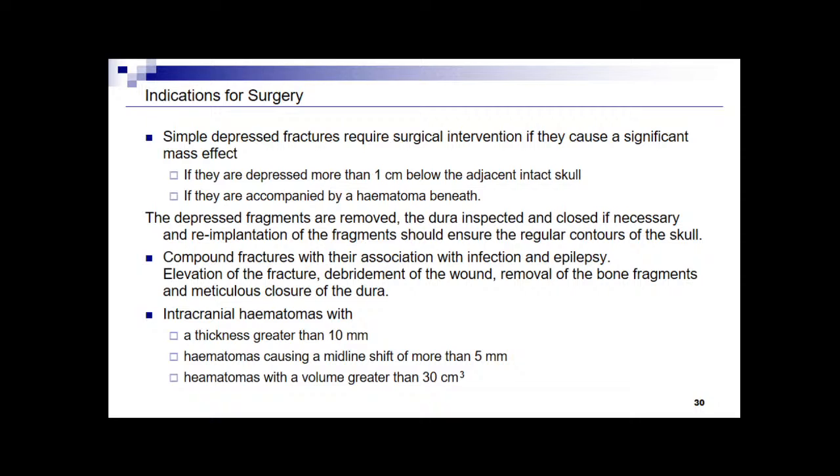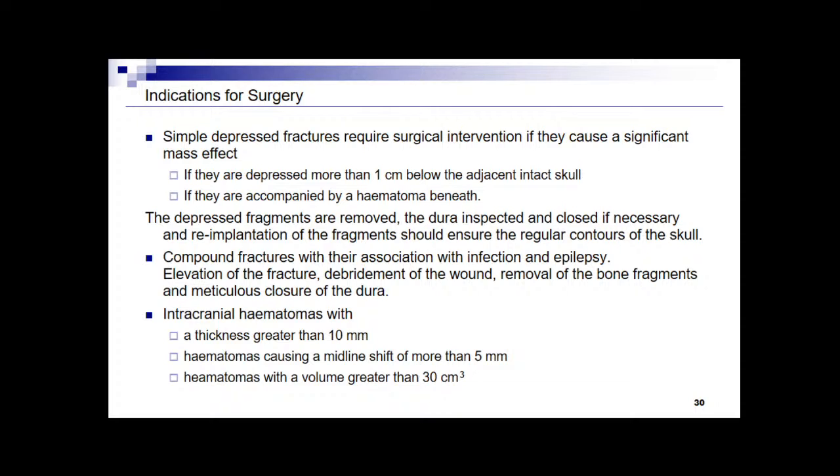And the patient with intracranial hematoma, presence of a blood clot in the cranial cavity. Not every blood clot demands surgical intervention. If the thickness of the blood clot is greater than 10 millimeters on the CT scan.